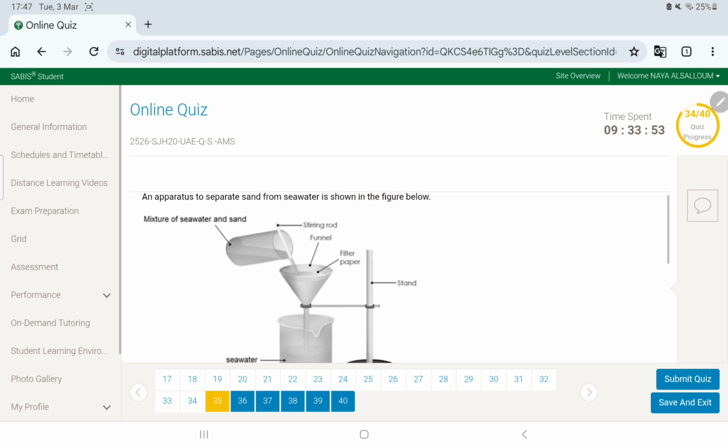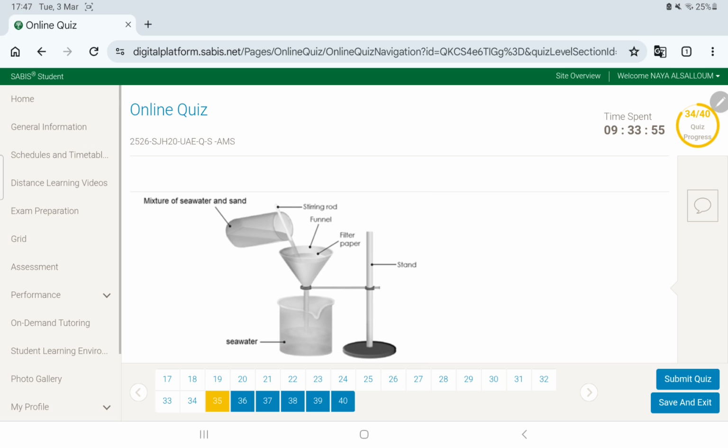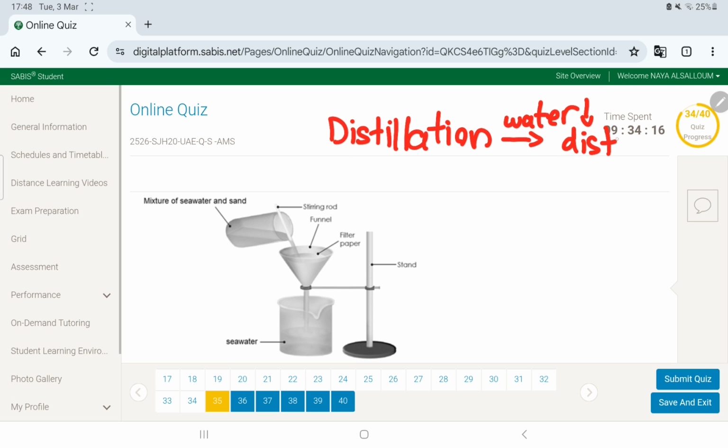Oh yeah, guys, also, if you just need any trick, if you remember in distillation, you don't need to follow it if you don't want to. Okay, I'm just giving you an idea if you want. In distillation, you know that the water that goes down is called the distillate. So honestly, in filtration, it's not that different.